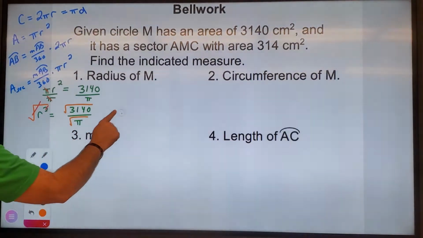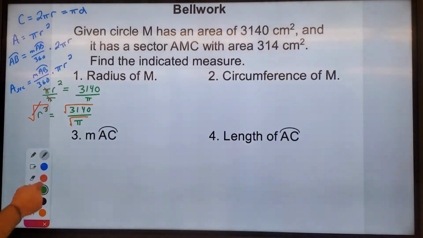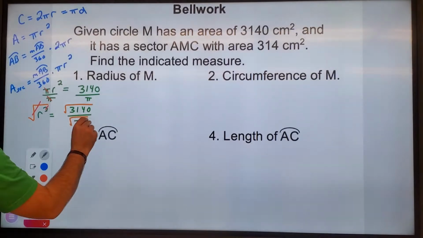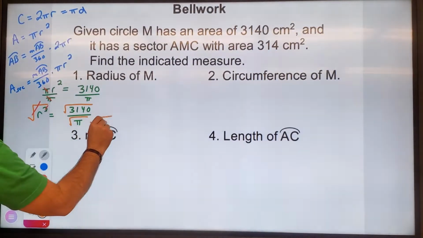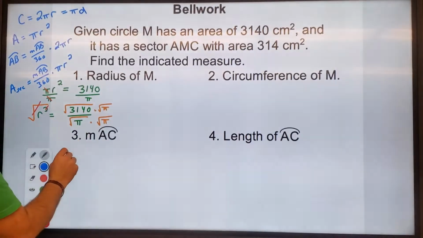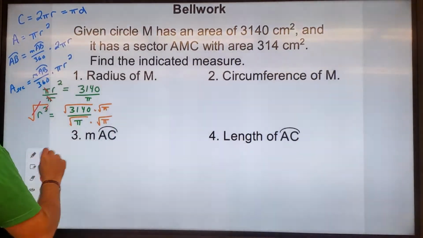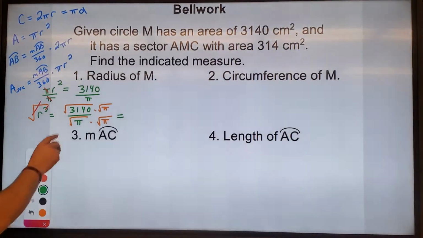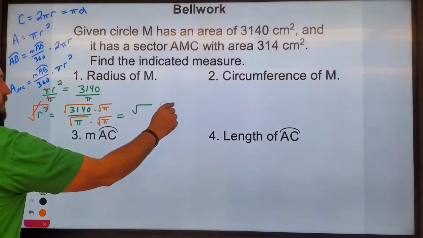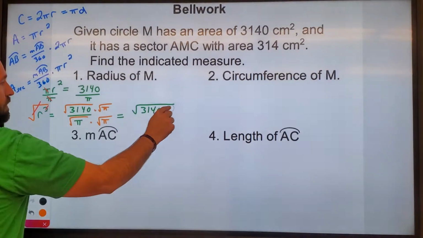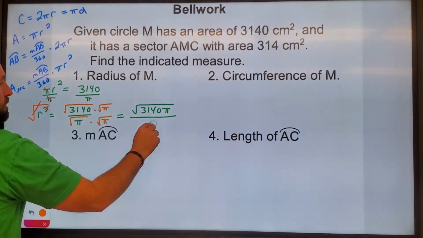Let's work this out again. Hold on. Okay, if I look at this again, I have that square root in the bottom. I need to get rid of that. So I'm going to multiply the top and the bottom by the square root of pi, which equals then the square root of 3,140 pi over pi.